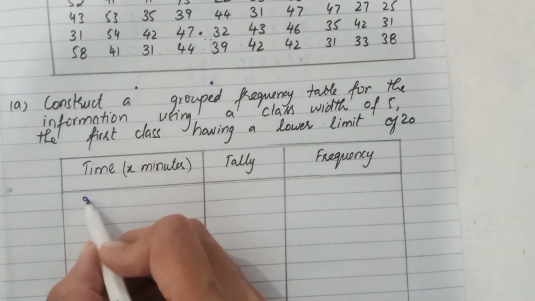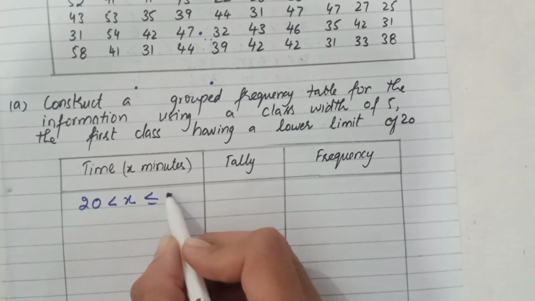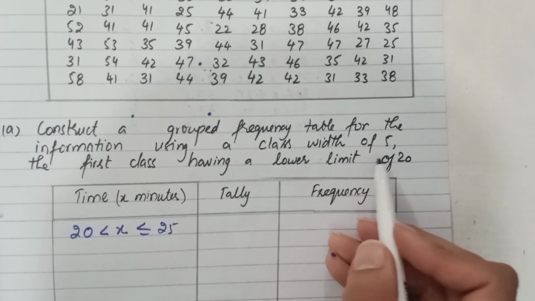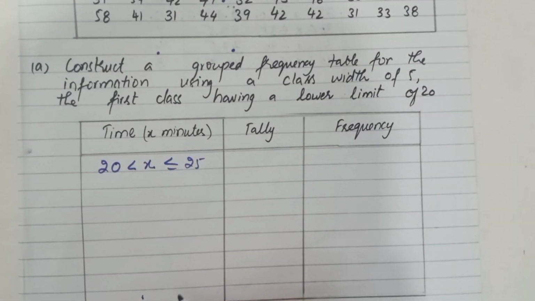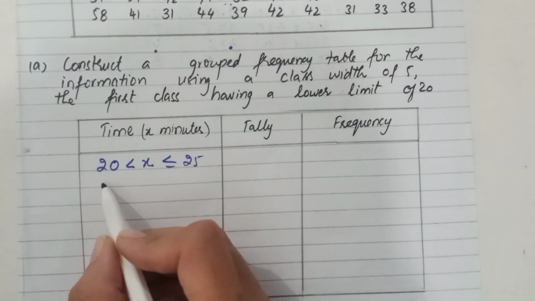Yes, it means that the class starts from 20 less than or equal to x less than 25, because the class width is equal to 5. First we write the class limits, then we find the frequencies.